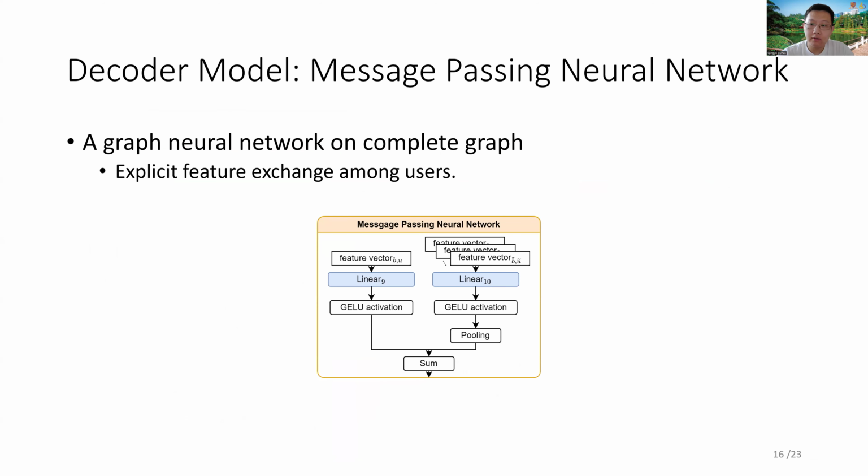For the encoder, we apply the message passing neural network on the complete graph to exchange feature vectors extracted from the encoder among users. The message passing neural network is a graph neural network on a complete graph, so this is an explicit feature exchange among users.